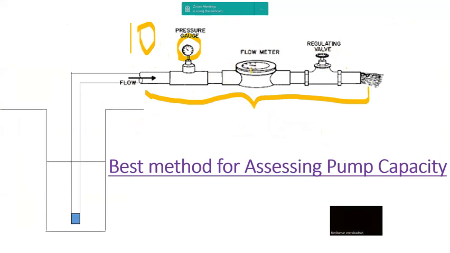And you can find out what the flow is that is going here. For that discharge, you can proceed with the design of a drip irrigation system. It also helps you know whether this pump is able to deliver a pressure head of 10 meters at this place. So this is the best method of assessing the pump capacity.